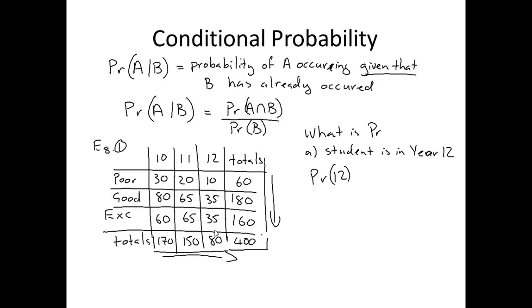There's 80 kids in year 12 and there's 400 kids in total. So 80 over 400 gives me 1 out of 5. Part B, I'm going to go over the page and then come back for this one.